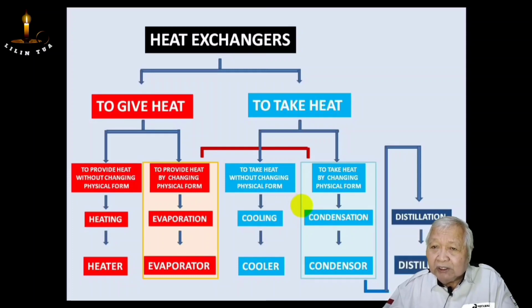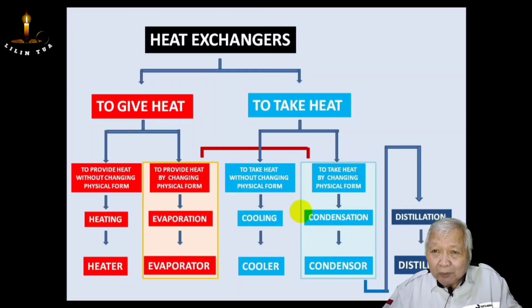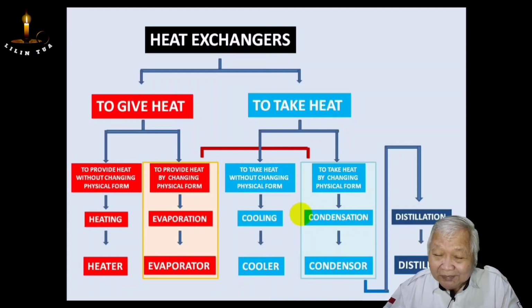It's called the distiller unit. So the distiller begins from evaporation, continues to condensation, resulting in the process of distillation. And for distillation, we need two main components, evaporator and condenser.